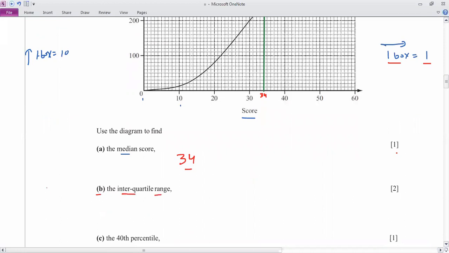Now we know the interquartile range, IQR, is Q3 minus Q1. What is Q3? Q3 is always 3 over 4 of the last cumulative frequency. The last cumulative frequency in this case is 500. Can you find 3 over 4 of 500?